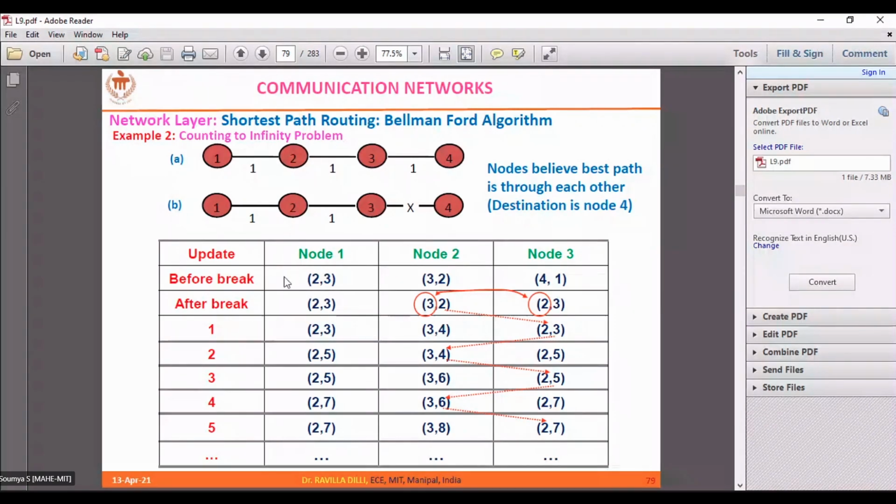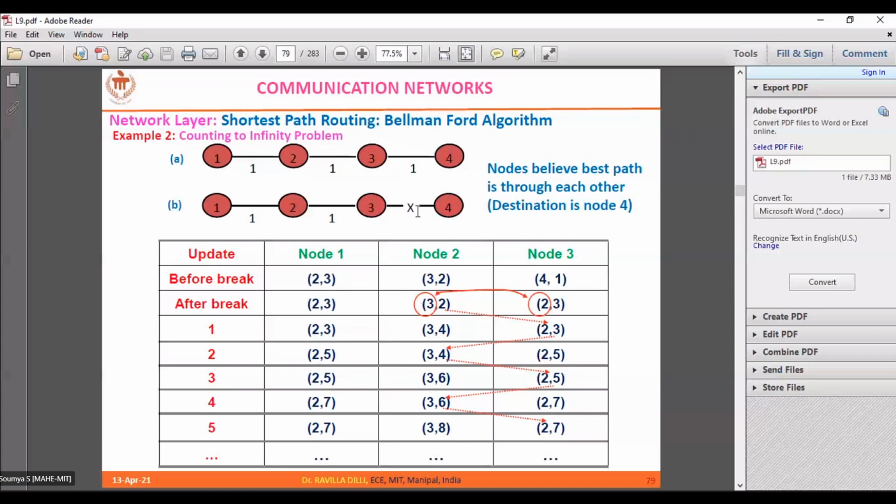That is what is shown here, right? That is in the first row. The destination is node 4. Correct? So from 4, if it has to reach node 1, what is the total distance? It is 3, and so on.